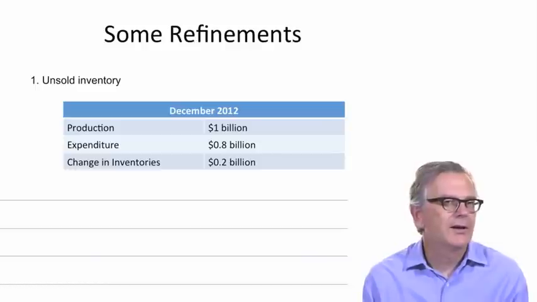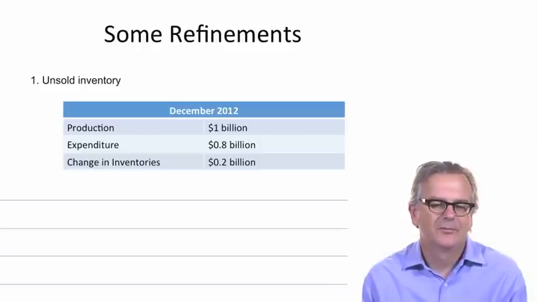Now think about unsold inventories. Unsold inventories are kept by firms precisely because they meet a future need. They're available to meet, let's say, an unexpected increase in demand in the future. So unsold inventories can be thought of as being a form of investment by the firm.